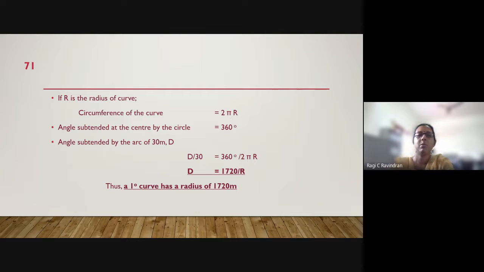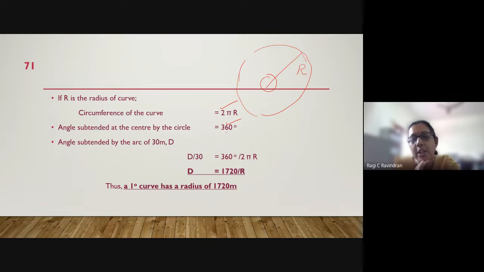These are all general things that you'll be able to understand easily. Now let's move to the relationship between the radius and the degree of the curve. So again, you are considering a curve whose radius is R. You know that the circumference of the circle will be 2 pi R. Similarly, the angle subtended at the center by this entire circle will be 360 degree.